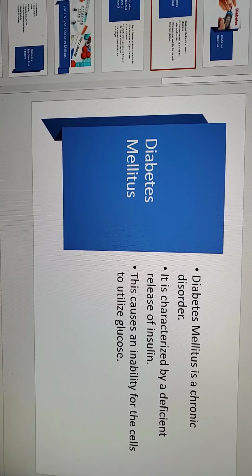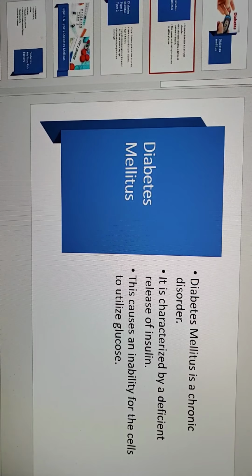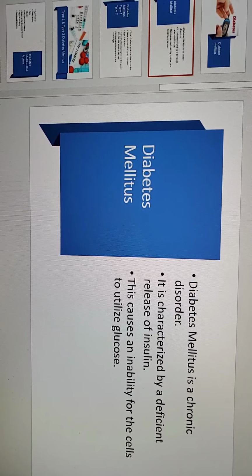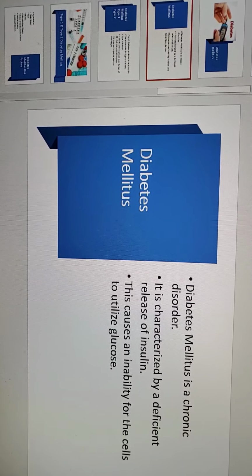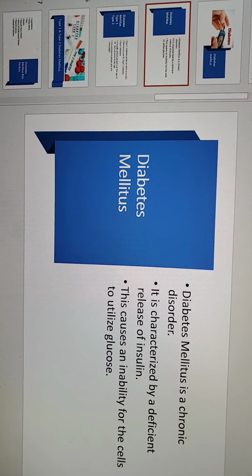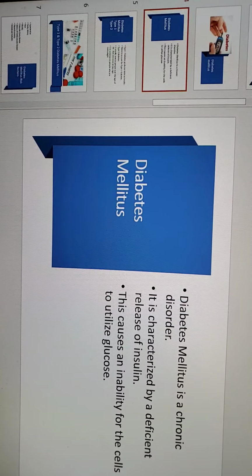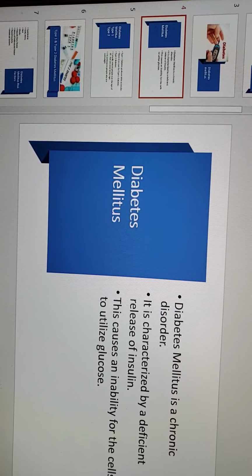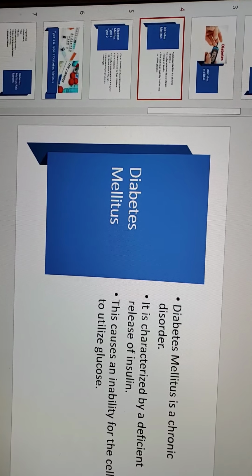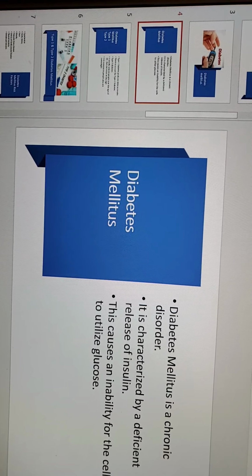Type 1 diabetes is usually found in children or younger adults under the age of 30. However, type 1 diabetes can appear at any age. The onset comes on quickly and without warning. The person affected by type 1 diabetes cannot make insulin. They require insulin injections.